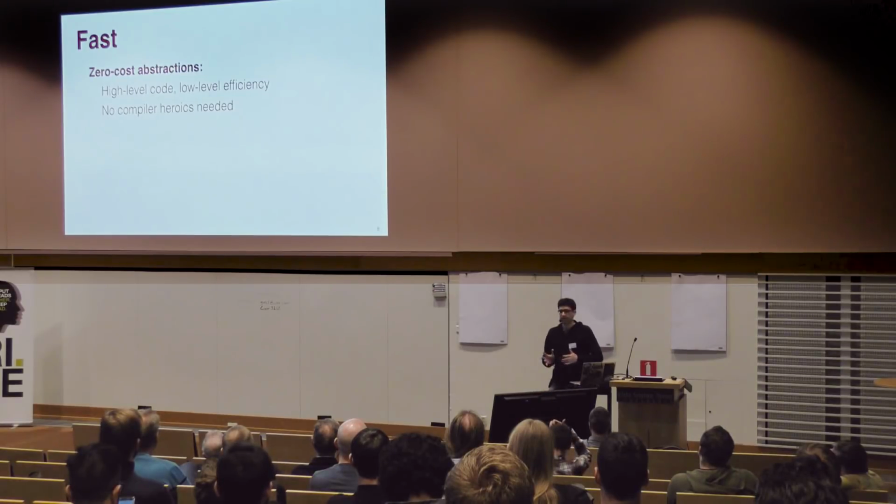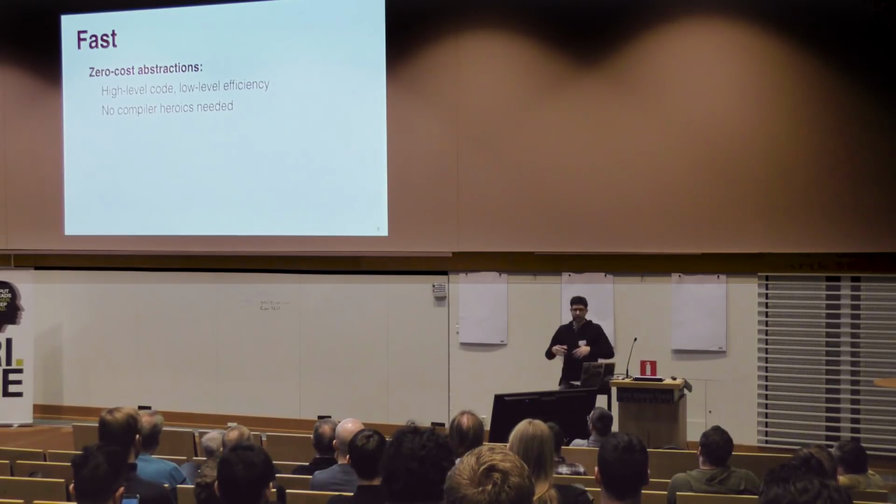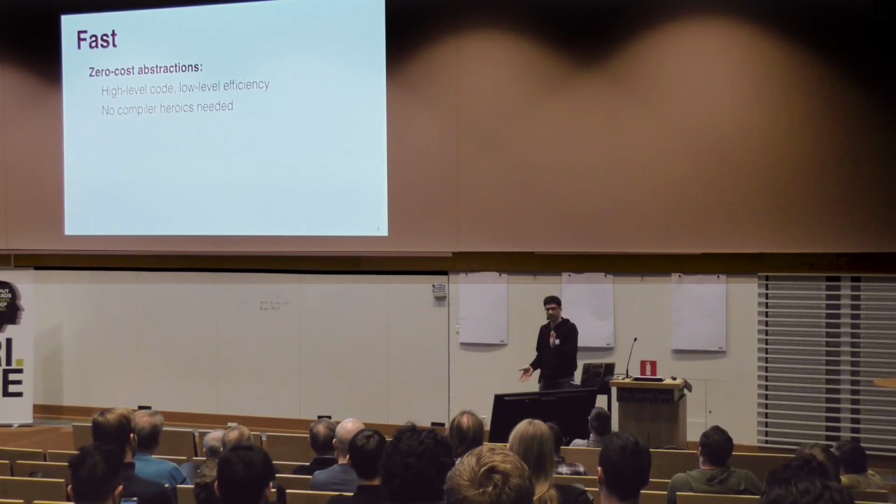It's basically the idea that you should be able to use high-level looking language features, and they should compile down to very efficient assembly, and they should do that without the need for heroic compiler optimizations. You shouldn't need like an escape analysis to figure out if you can use the stack or not. Right? You should be able to tell the compiler, I want you to allocate this on the stack, and it does it, and that's great.